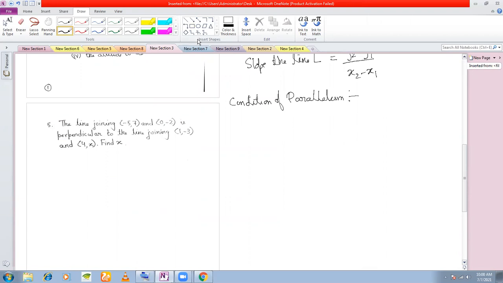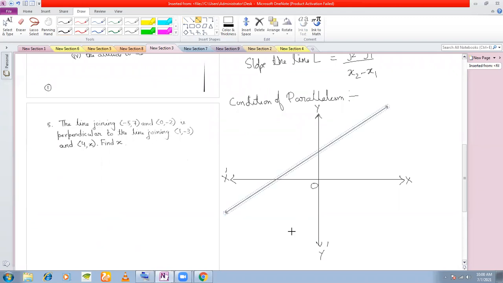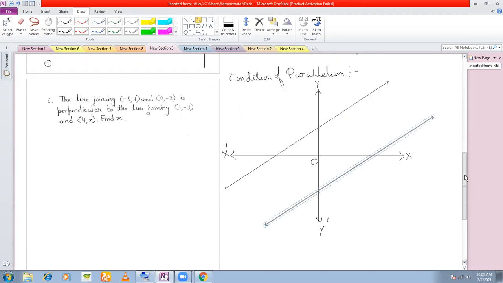What is the condition for 2 straight lines to be parallel? If 2 straight lines are parallel, then their slopes must be equal.